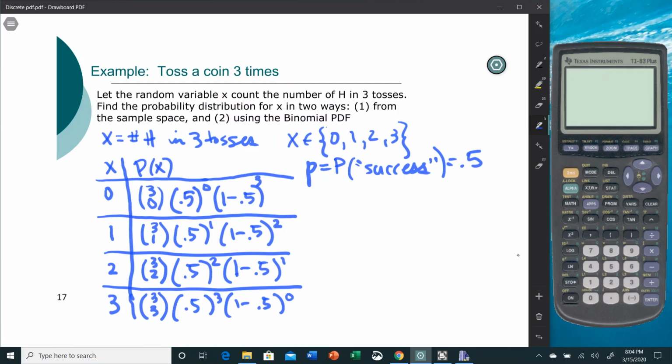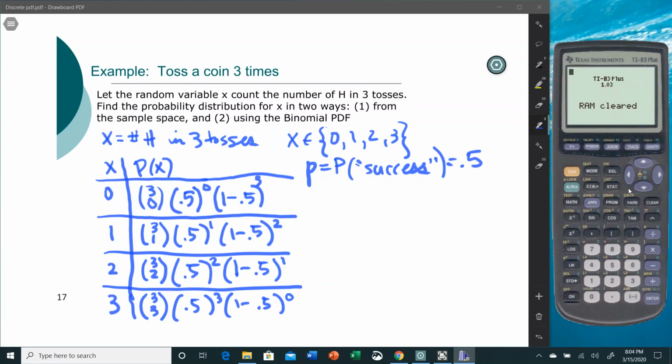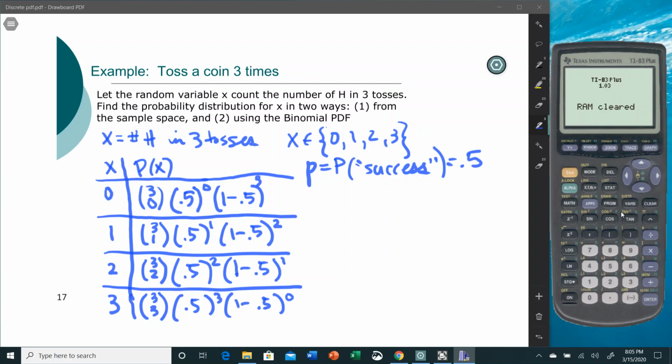Well, we can do these calculations in your calculator. If you turn your calculator on, there is this feature right here, distribution, which is second vars. If we look at the probability distributions that are built in here, you have to scroll down. The first distributions are continuous distributions, but we want the binomial PDF.